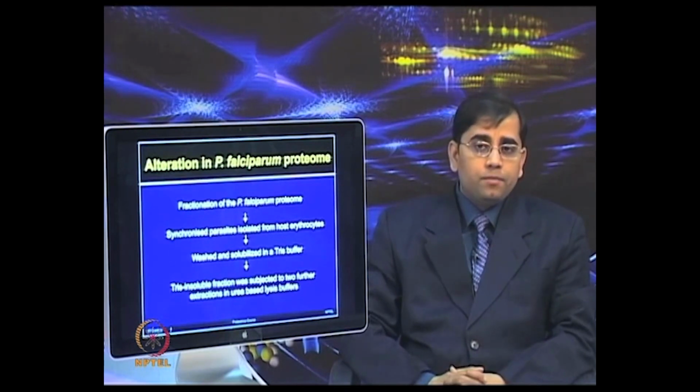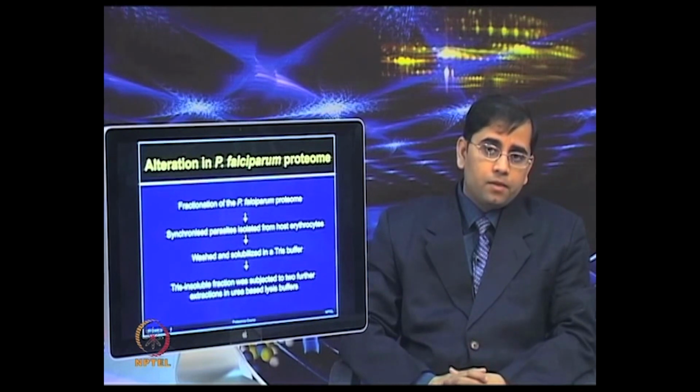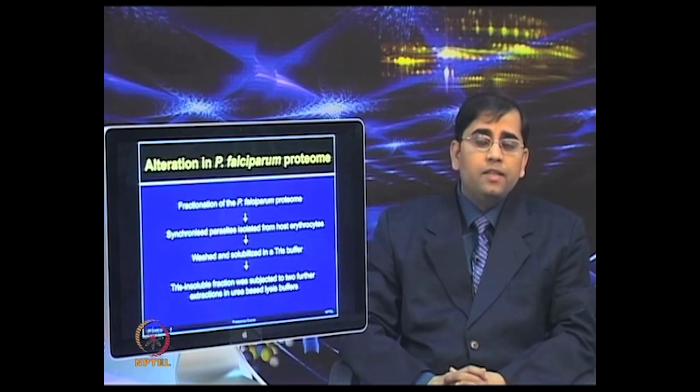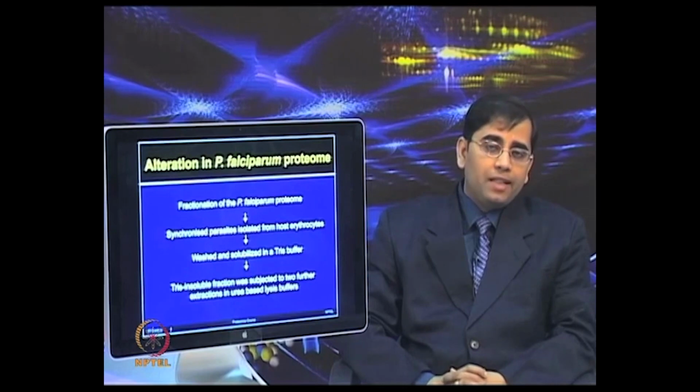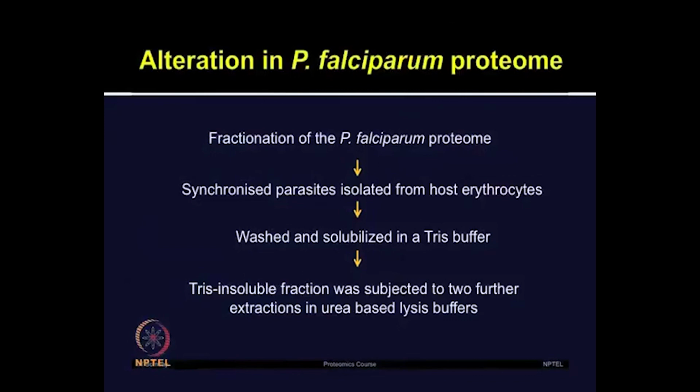the authors then looked for the proteomic alterations. So, first of all, they did the fractionation of the P. falciparum proteome. Synchronized parasites were isolated from the host erythrocytes, washed initially and then solubilized in a Tris buffer recipe. The Tris insoluble fraction was further subjected to extraction in the urea based lysis buffer.